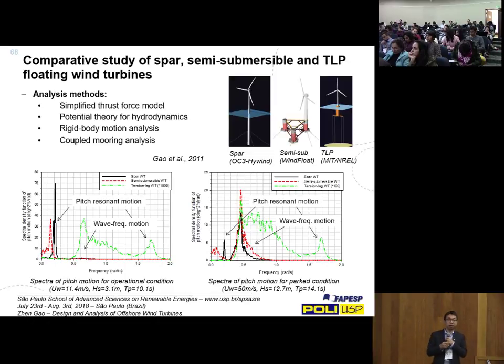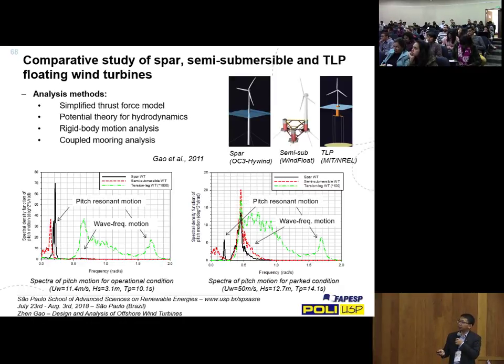Parked means, I forgot to mention, that the wind turbine will not operate above a certain wind speed, and that is typically 25 meters per second. And then you park the turbine, either idling or fixing the turbine without rotation, and then you turn the blades out of the wind to reduce the drag force on the turbine.